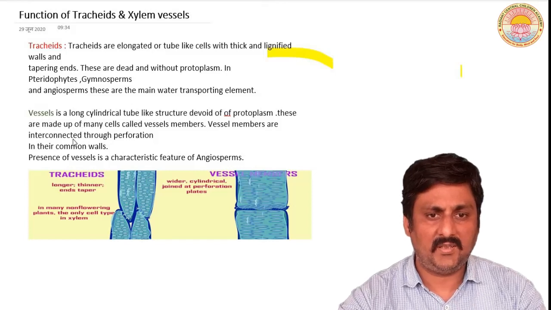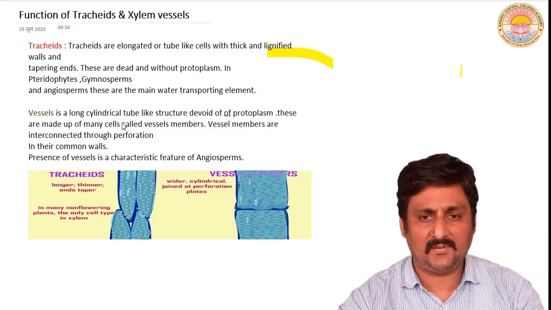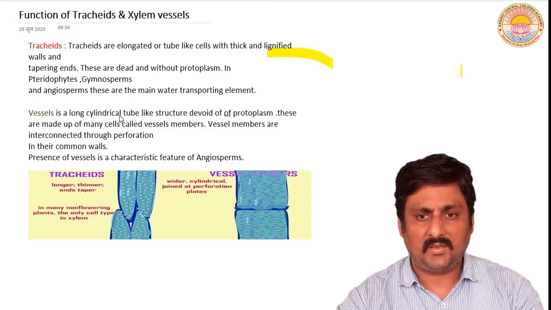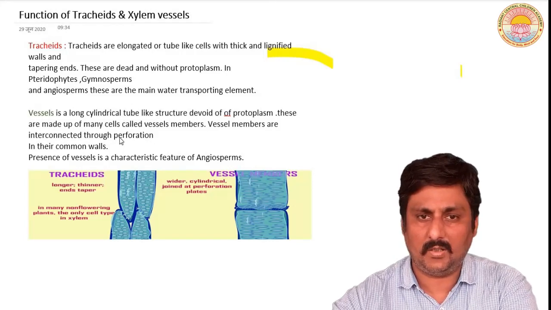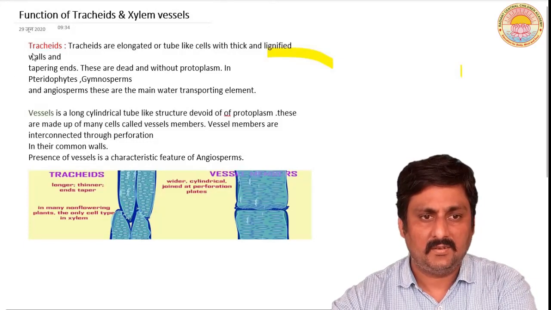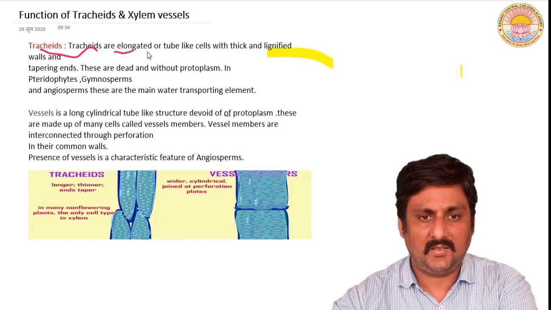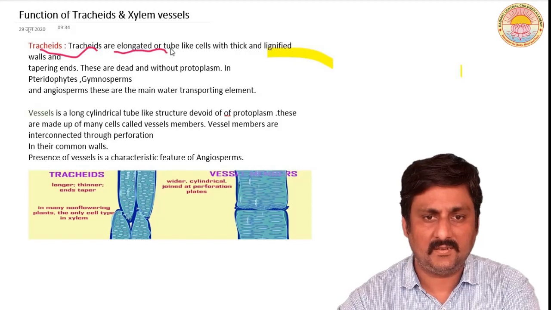It is given that tracheids are elongated or tube-like cells with thick and lignified walls. See in the above part, you can see here, tracheids are elongated or tube-like cells.